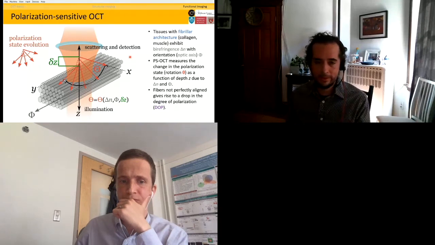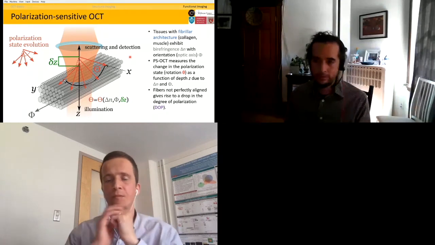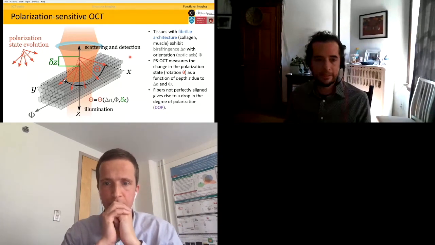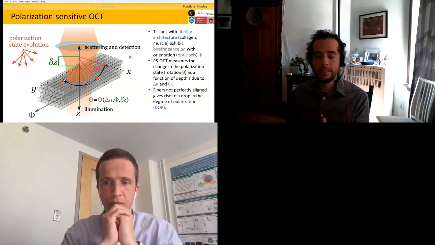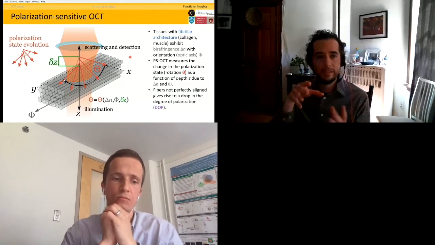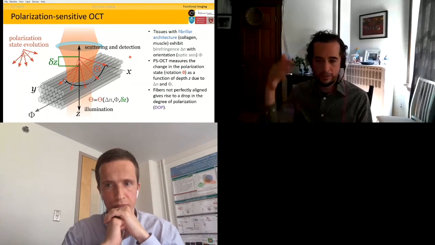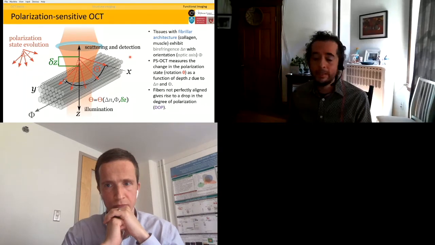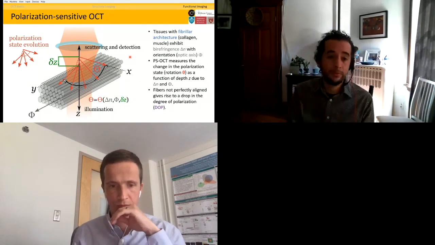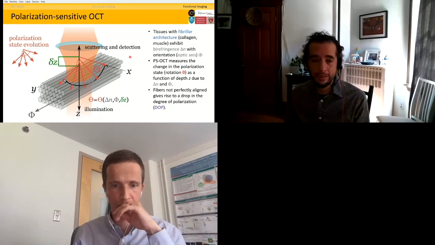In this particular case, polarization sensitive OCT. There are many tissues that exhibit fibrous architecture, and they exhibit what is called birefringence with a given orientation. Essentially, this is about the orientation and the type of fibers that are components of the tissue. PS-OCT determines the change in the polarization state of the light, which allows us to determine if there is birefringence present in the tissue and what its orientation is.